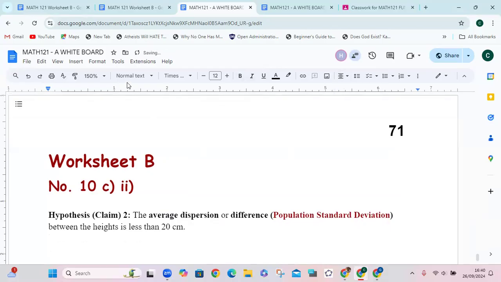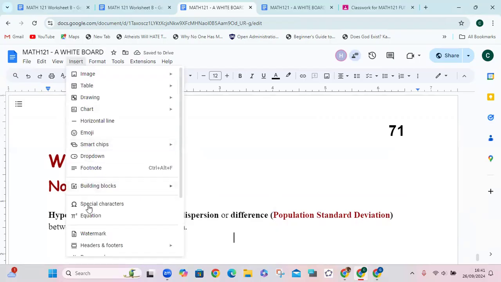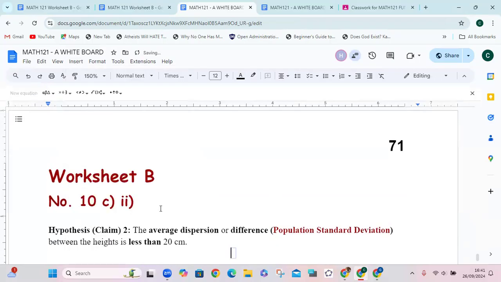It is a hypothesis. And since it's using the less than symbol, it will have to be an alternative because the null carries the equal sign. So the symbol for alternative hypothesis, as we know, is H sub A. So we go to insert equations, H sub A, colon. Now the symbol for population standard deviation, we said, is the Greek form of S. It's called sigma.